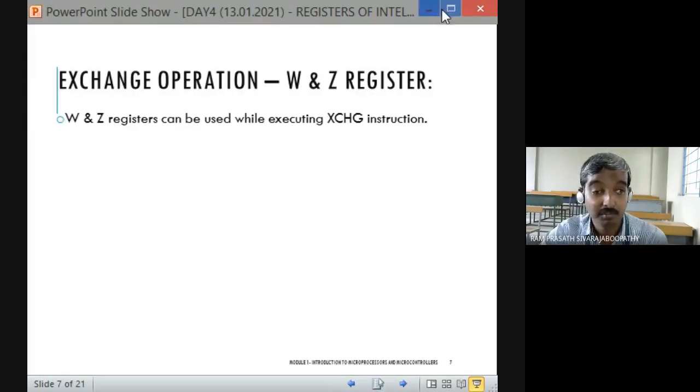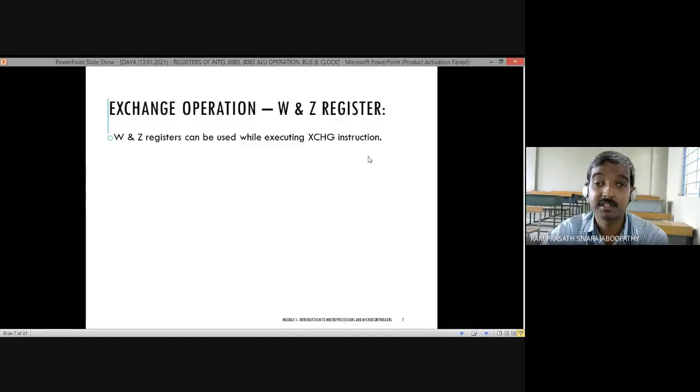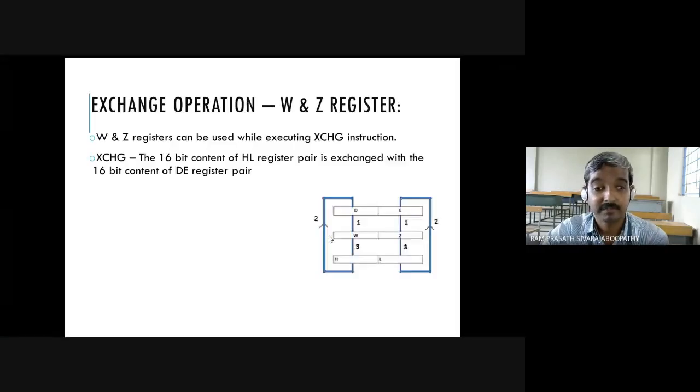I'll maximize the screen so that you can see it clearly. Okay, because the arrow is small, it was not clearly visible. Wait a minute. So this is the first point, first step. Now it will be visible to all of you. I hope so.